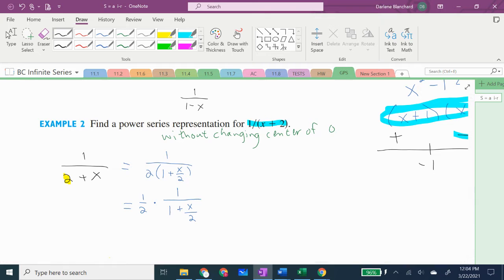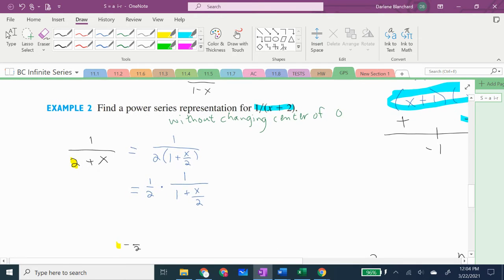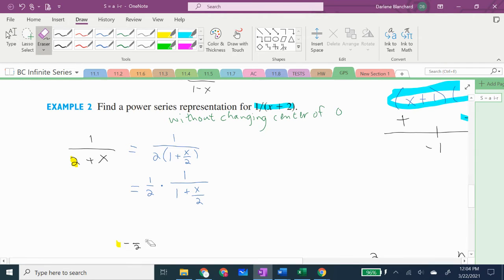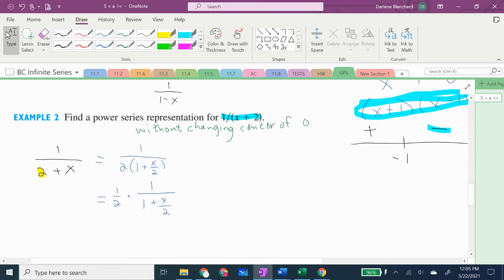So at this point, you're actually ready. What can I do to 1/(1 - x) to create this function? What do you see?